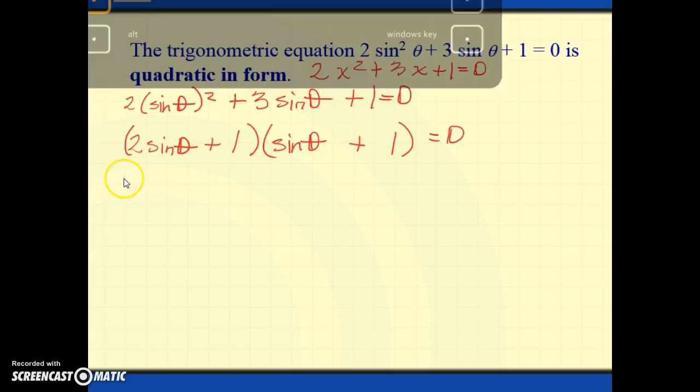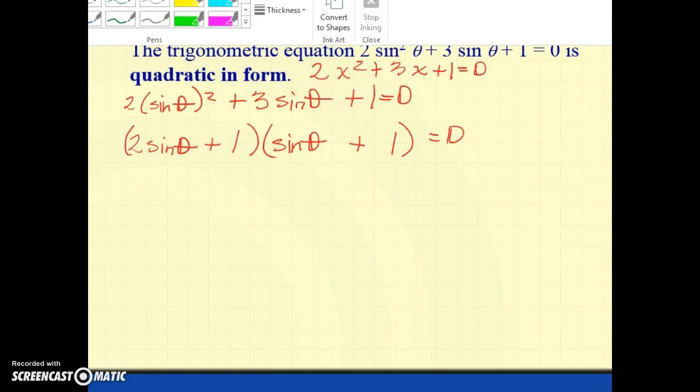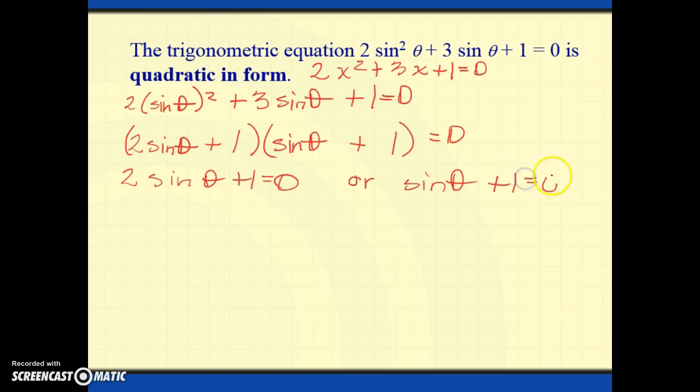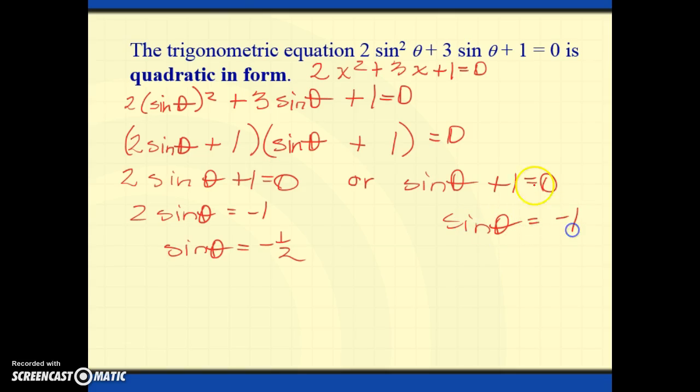I'm going to set each factor equal to 0 and then solve for theta. So 2 sine of theta plus 1 equals 0, or sine of theta plus 1 equals 0. So I have 2 sine of theta equals -1, sine of theta equals -1/2, and then I have sine of theta equals -1.